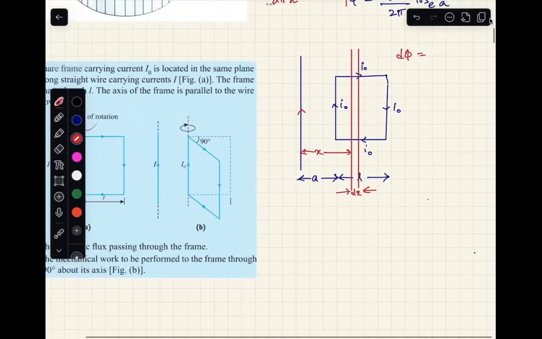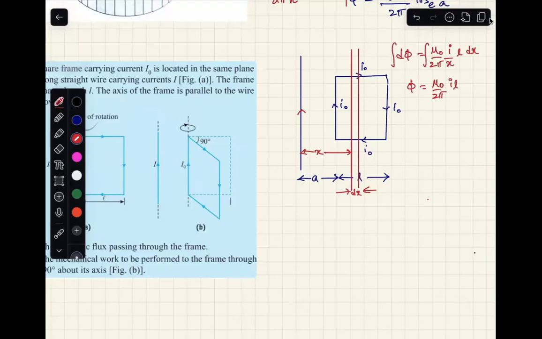At this instant, what is the flux? Mu naught by 2 pi I by x, area L dx. Do the integration properly. You will get mu naught by 2 pi I L log e of L plus A by A.